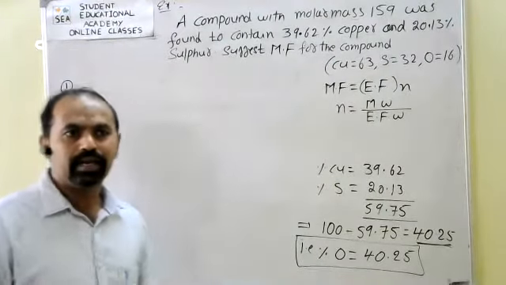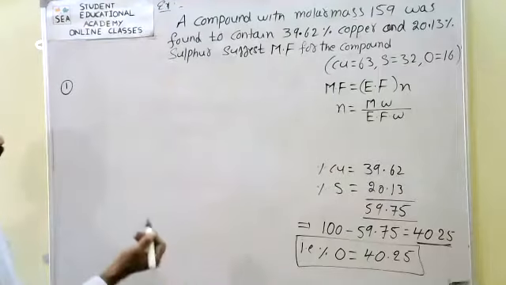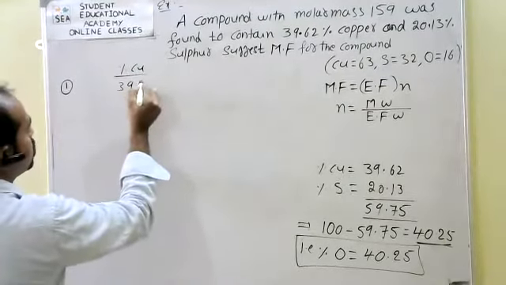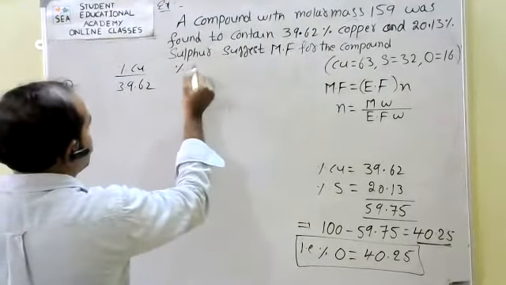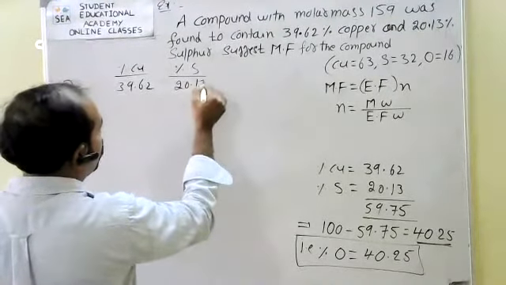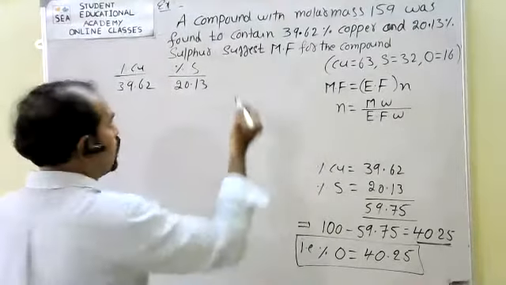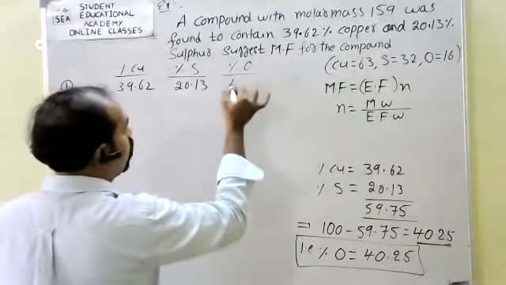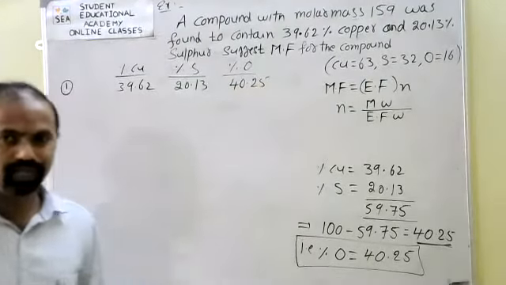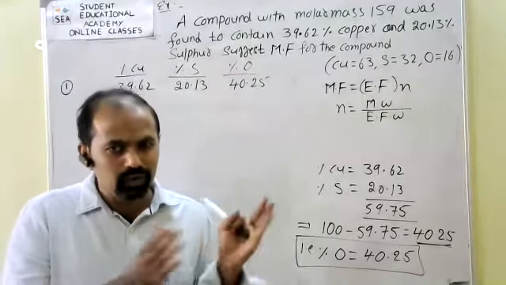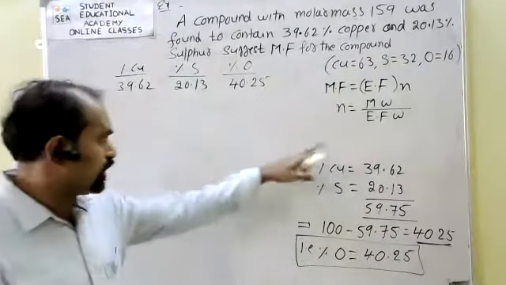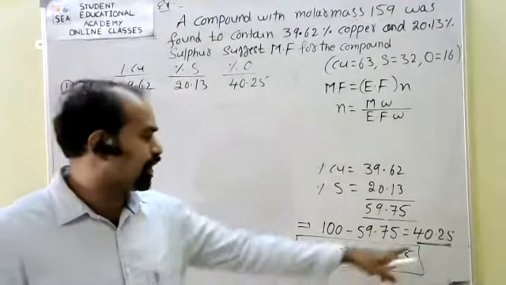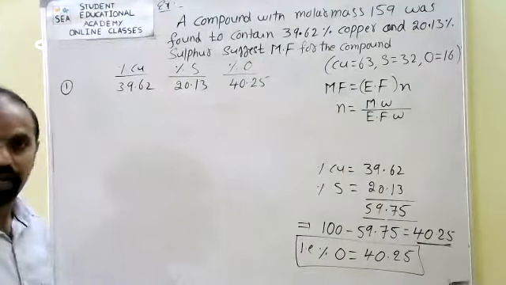So copper is 39.62, sulfur is 20.13, and the remaining difference, oxygen weight percentage, is 40.25. In any problem, first we do this: if the total sum of the percentages equals 100, we start from step 2 onwards; if not, the difference is treated as the oxygen percentage.